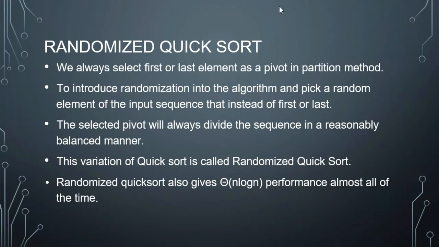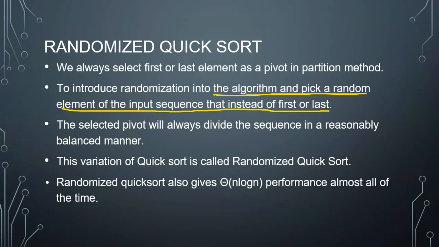Usually we select the first or last element as the pivot in the partition method, in about 80 to 85% of conditions. But to introduce randomization, the pivot is picked at random, according to the input sequence, rather than always the last or first.